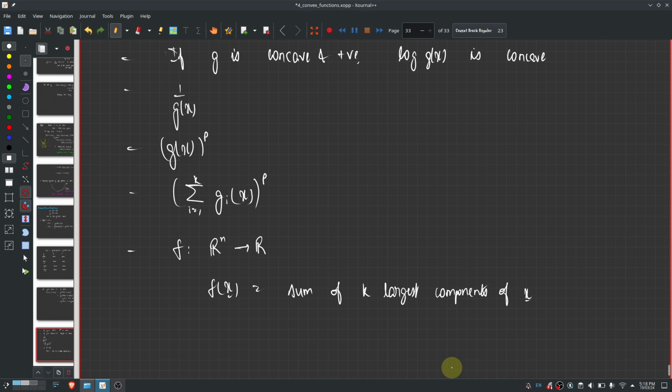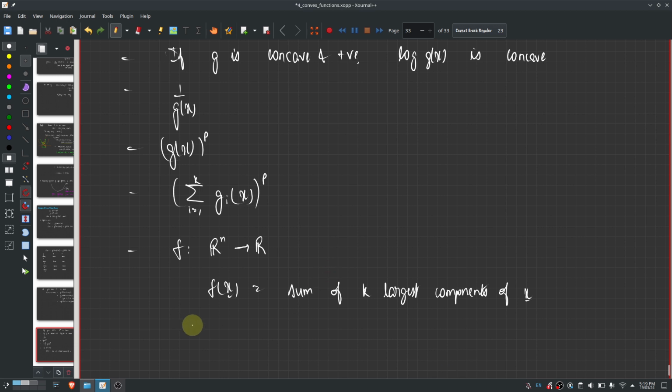Why is this convex? How would you take max iteratively? So if it is just the largest component of x, if k equal to 1, then you see that it's a convex function, right?